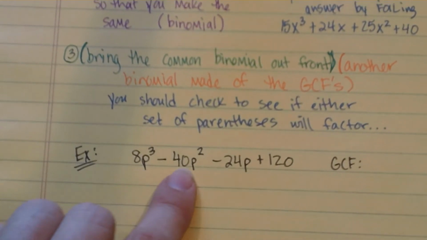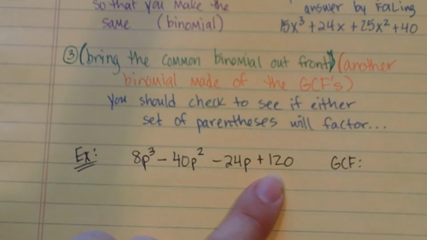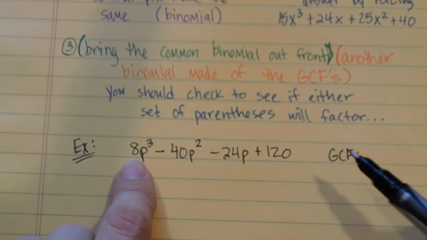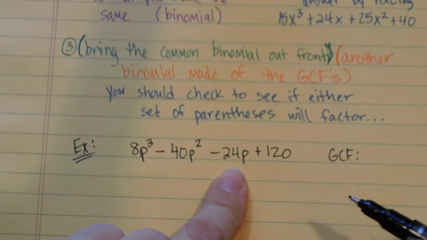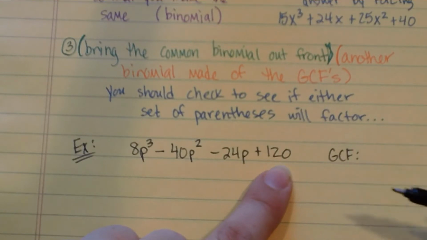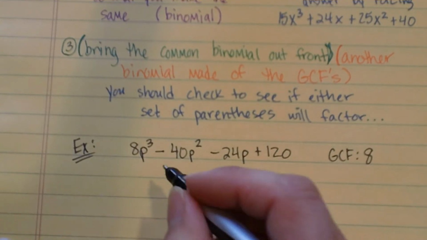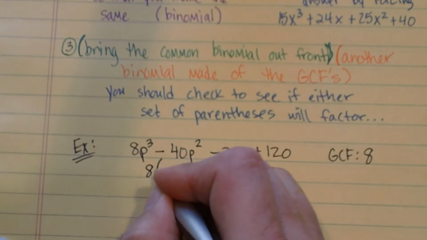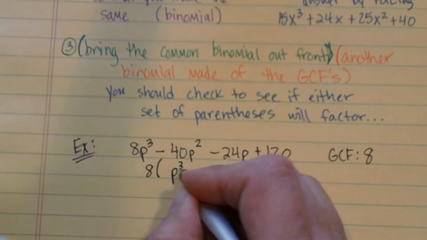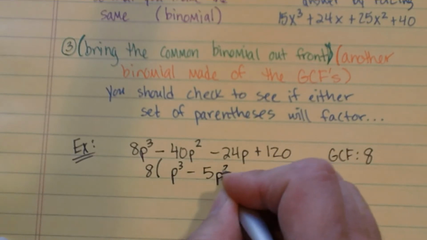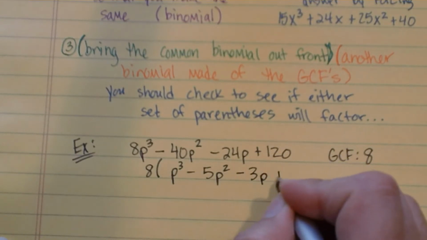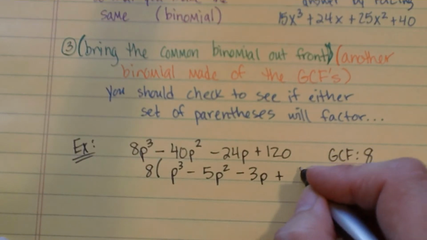It looks like everything is at least divisible by 2. Let's see, 8 and 40 are divisible by 8, so is 24. 120 is divisible by 8 as well, so it looks like 8 will come out of all 4 of those terms. So we'll start by doing 8 parenthesis, and then we have p cubed minus 5p squared minus 3p plus 15.